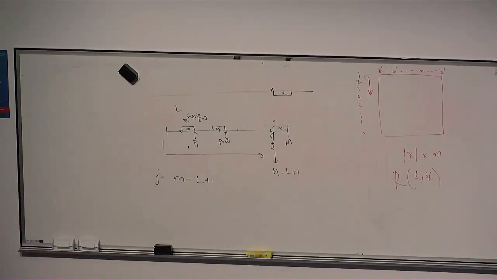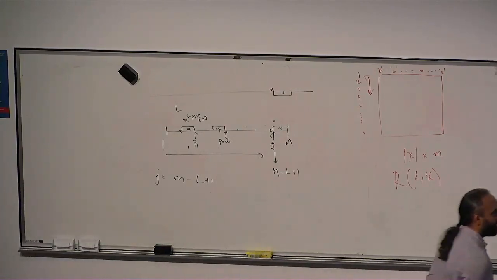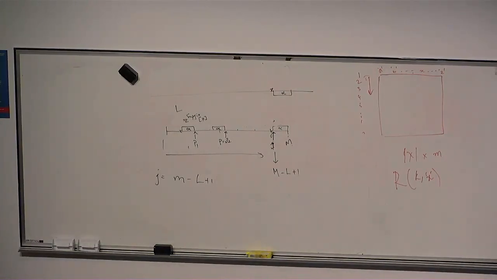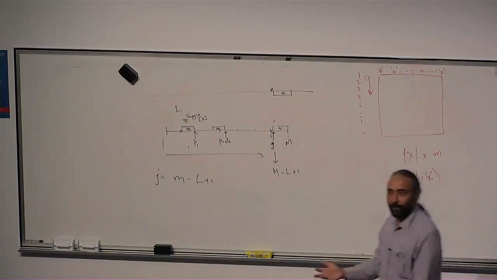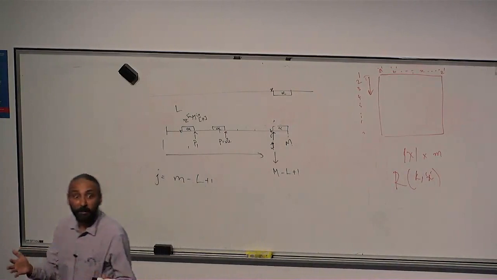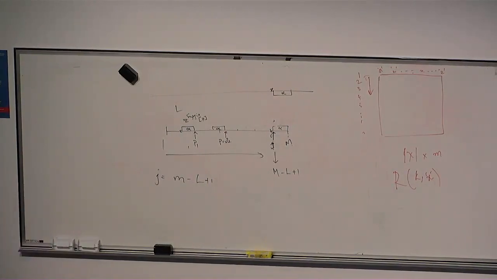So if I didn't find k plus 1 to m, I didn't find an instance of k plus 1 to m anywhere else in the pattern, I have to look at smaller suffixes of k plus 1 to m. So k plus 2 to m, does it appear? K plus 3 to m, does that appear? And if it appears, it has to appear such that it matches the prefix.